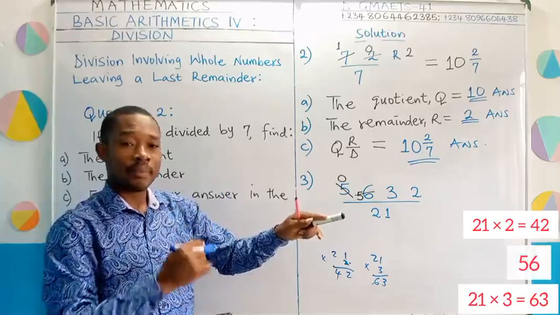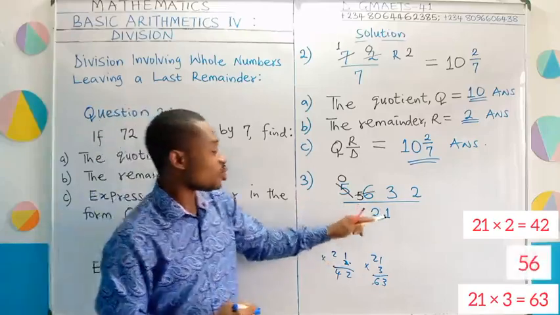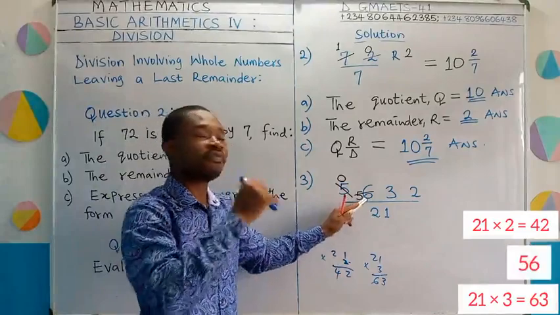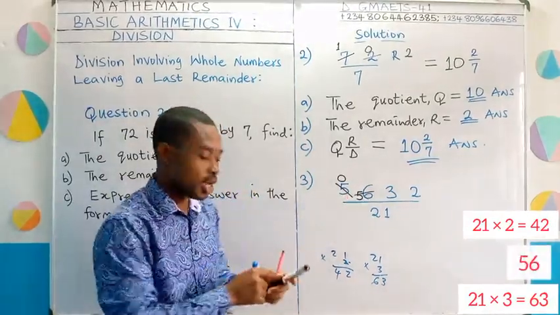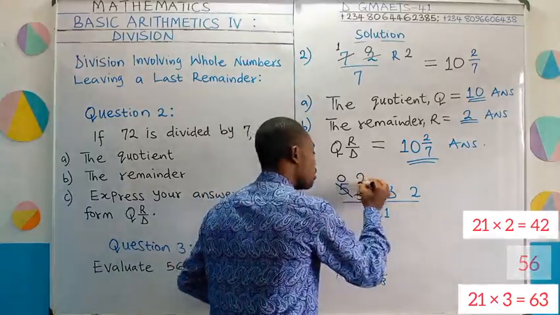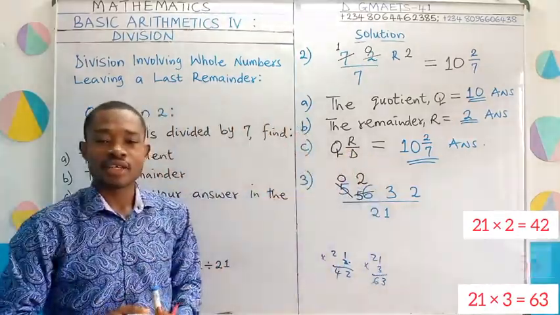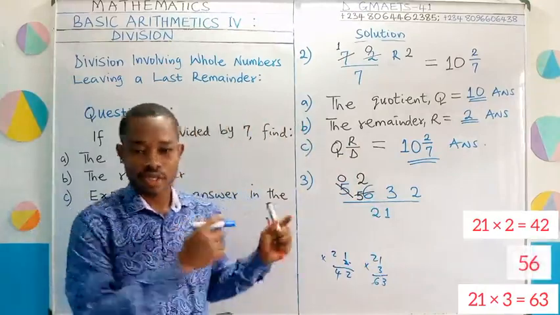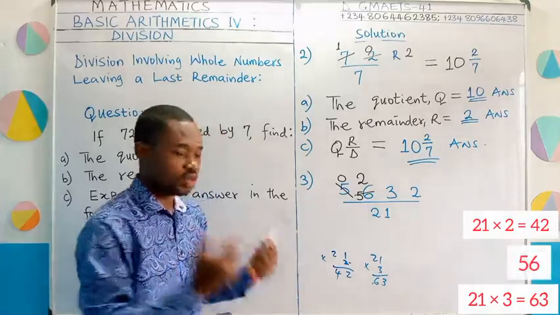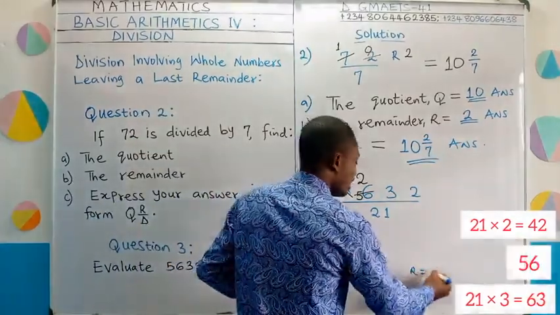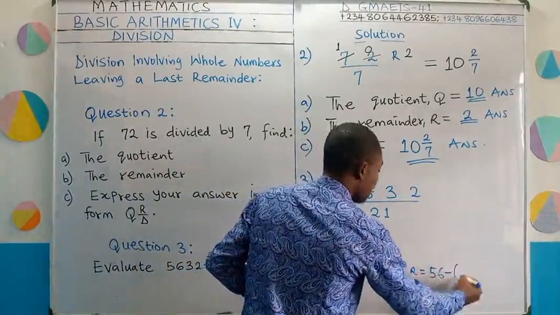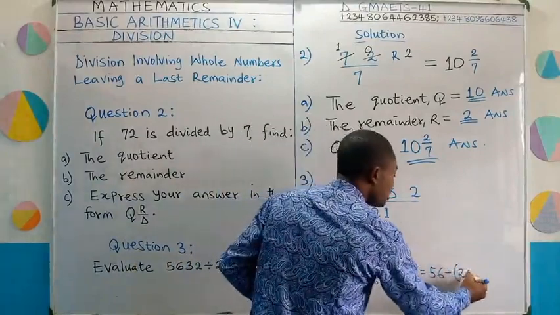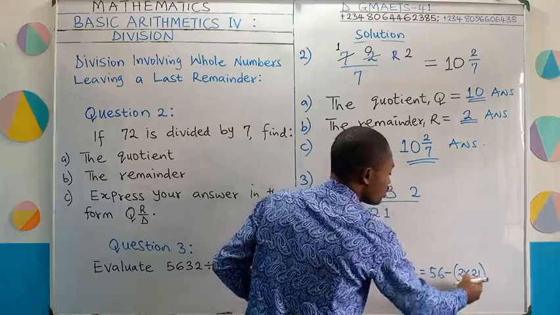And since it's the smaller one we are picking, we can now say that 21 can divide 56 how many times? 2 whole times. But not exactly. There will be a remainder. How do we get the remainder? Now I'm going to show you this time around how you get the remainder using that remainder formula. Remainder will be what I divided, 56, minus the whole number of times the denominator I'm using to divide.